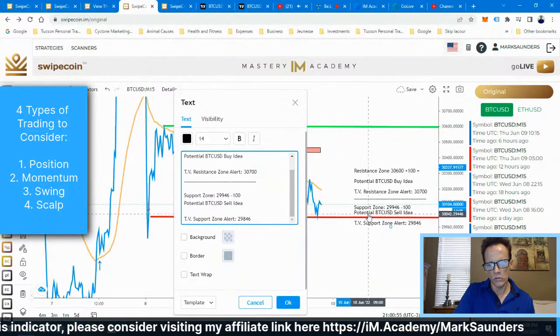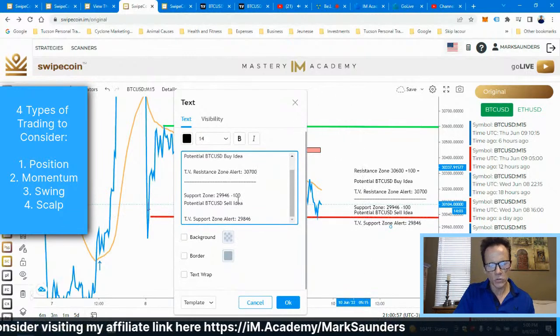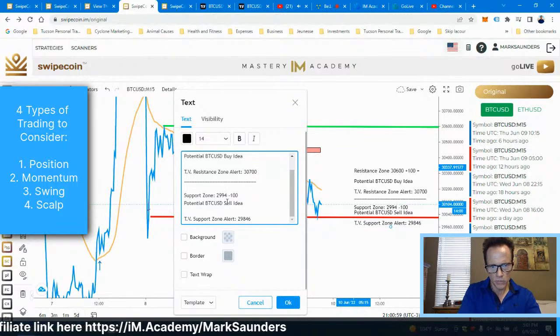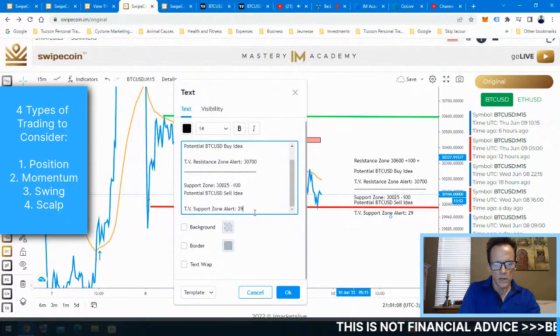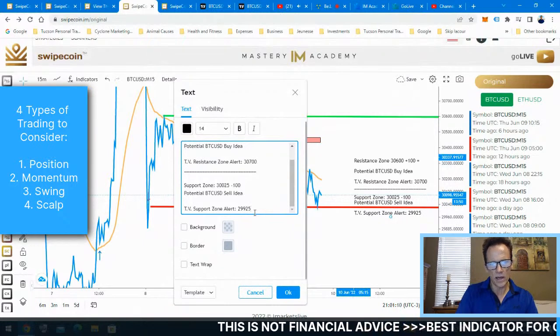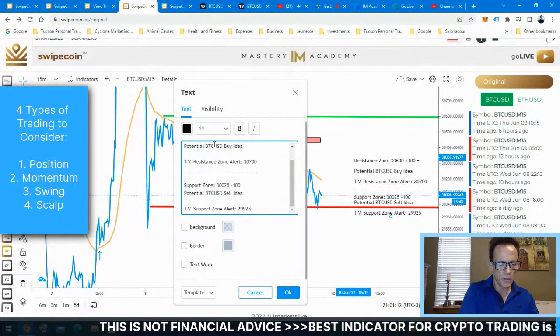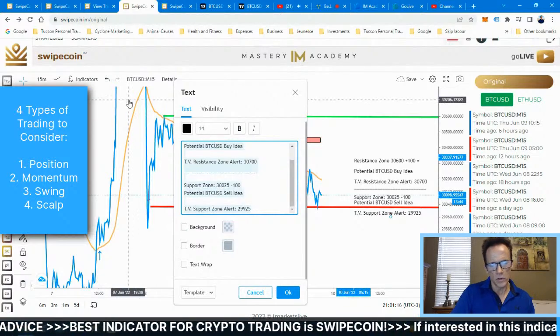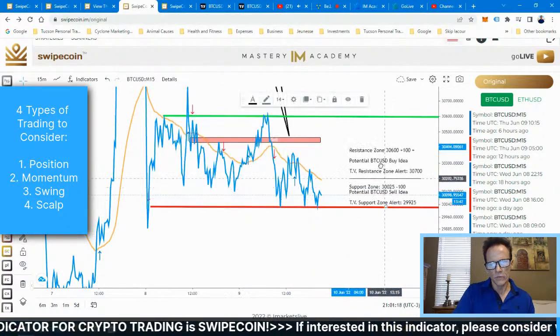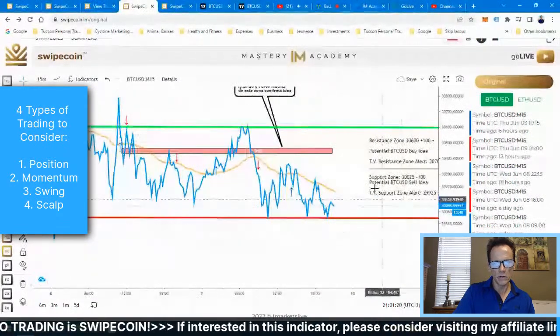For the support zone, we said 30,025. 30,025 minus 100 is going to be 29,925. I'm going to copy that. Roger that. Right.